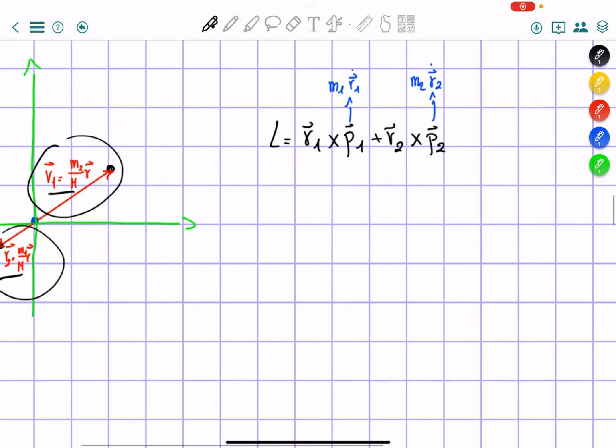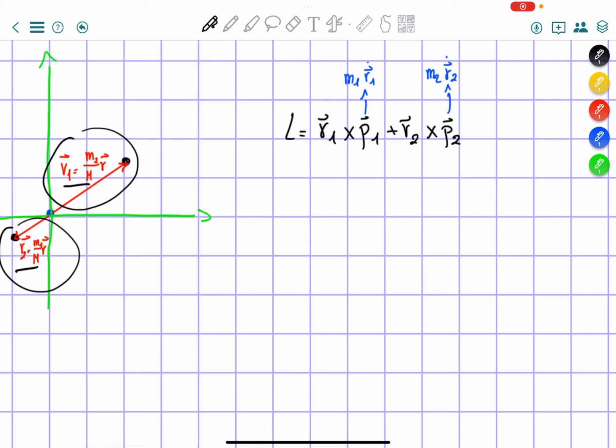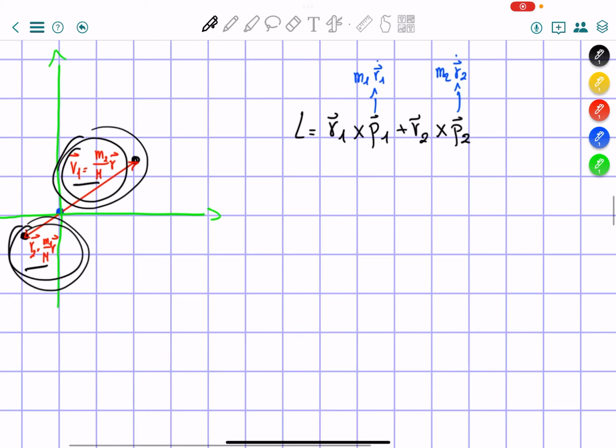We also know that r1 is equal to this value that we have right here, and r2 is equal to this value that we have right here.